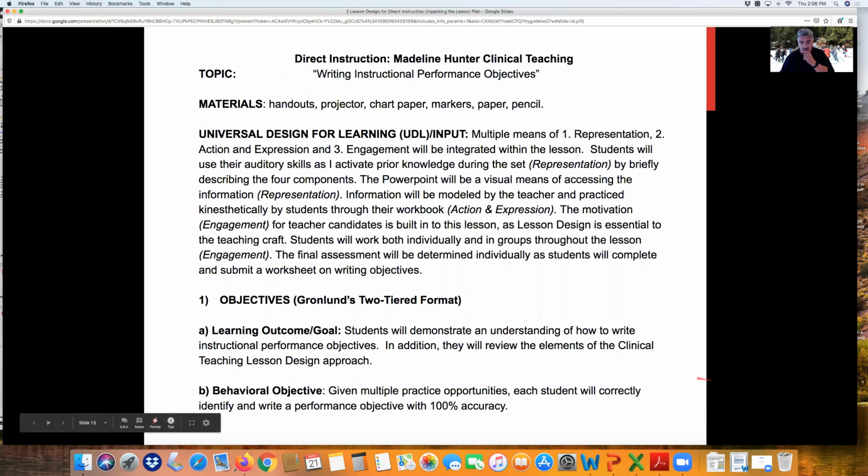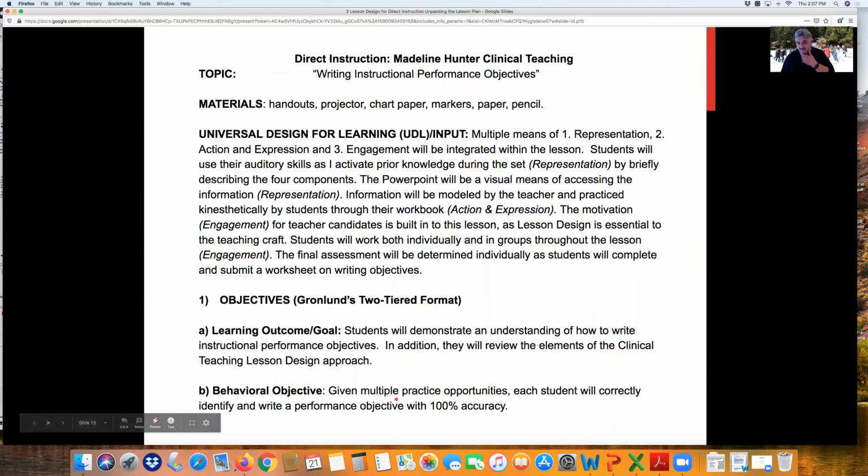I use what's called Gronlund's format. As you can see here, this is my lesson plan. In the learning outcome or goal, I have a more general, bigger picture of what I'm hoping for. In other words, this behavioral objective is very specific to the lesson plan.